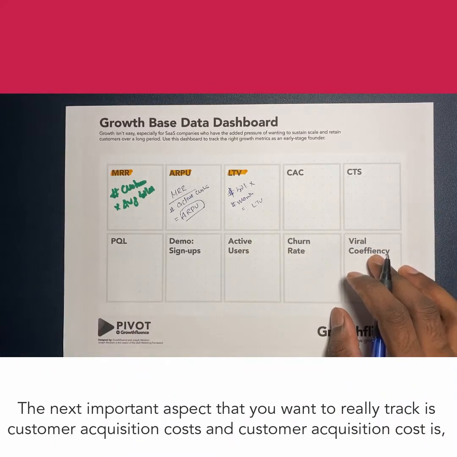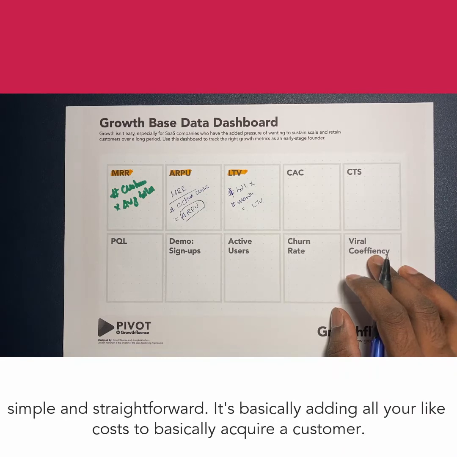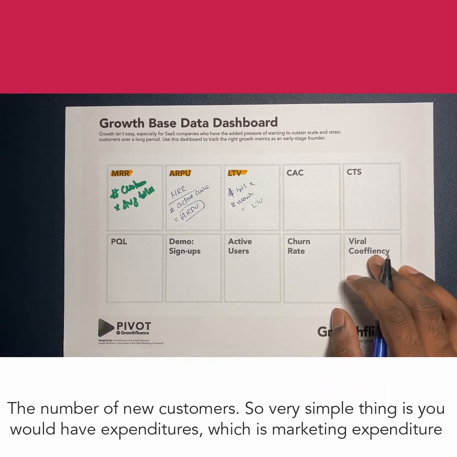Okay, the next important aspect that you want to really track is customer acquisition cost. And customer acquisition cost is simple and straightforward. It's basically adding all your costs to acquire a customer, and then you divide it by the number of new customers, right?